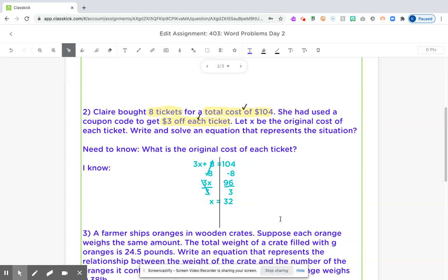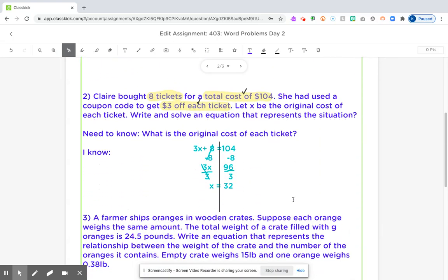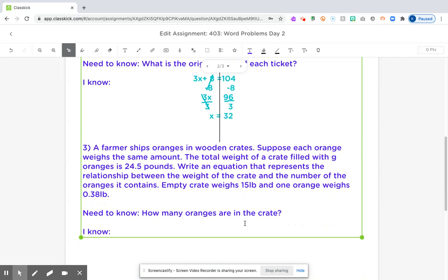All right. So now you need to do the next two. Okay. I gave you the question for each, so you have that to go off of. Make sure you look at this last sentence because that is some extra information that they give you that's not in the actual word problem. Okay.